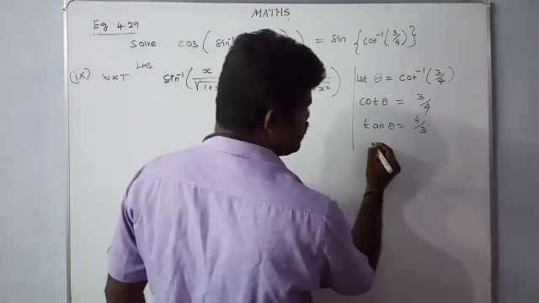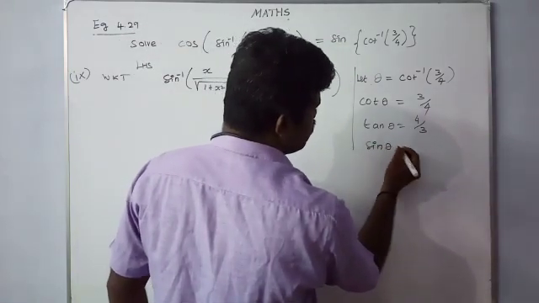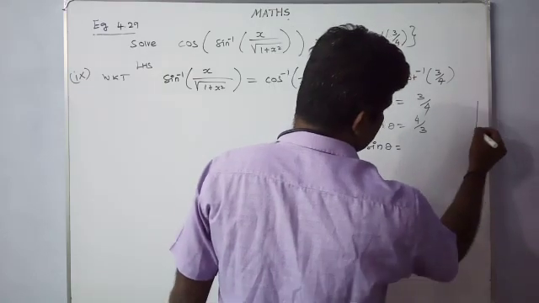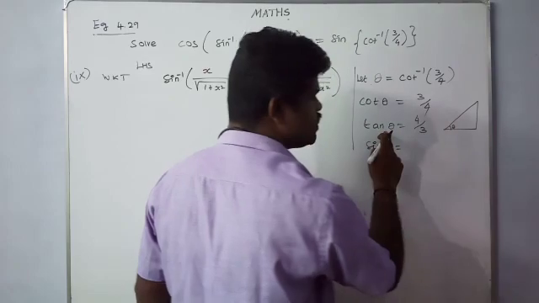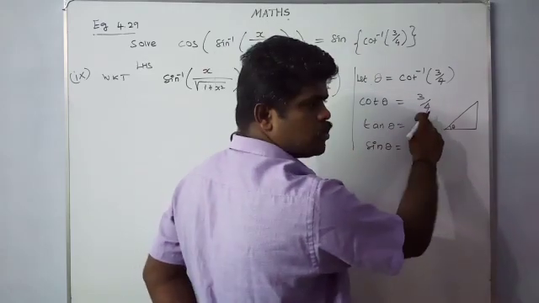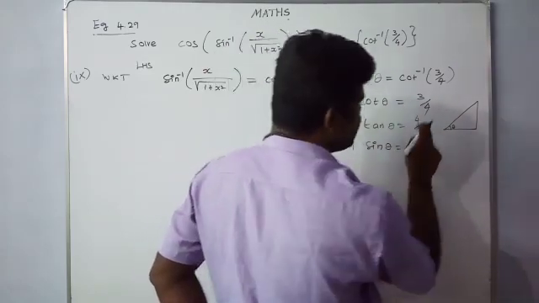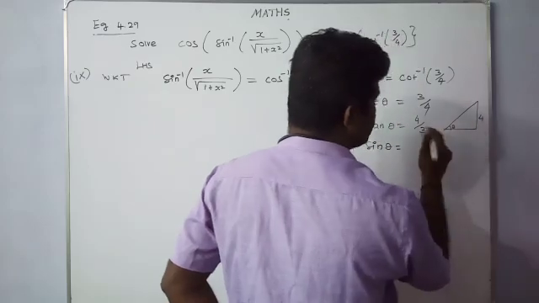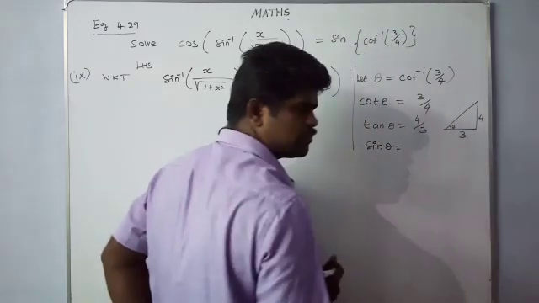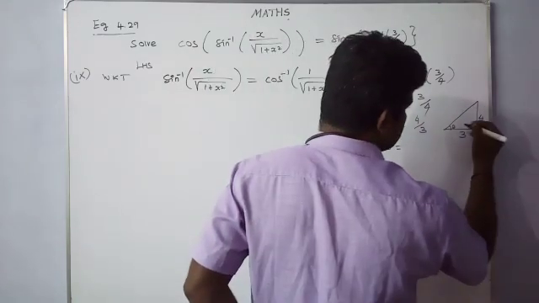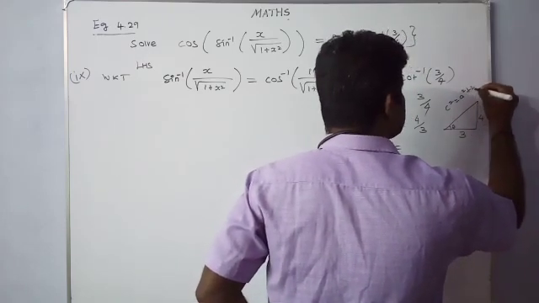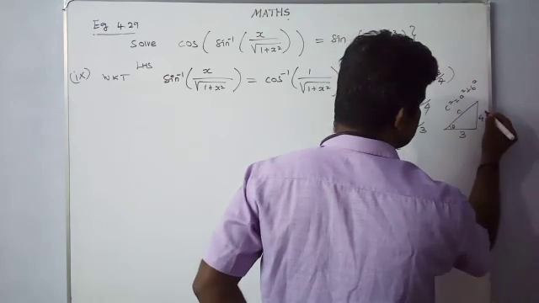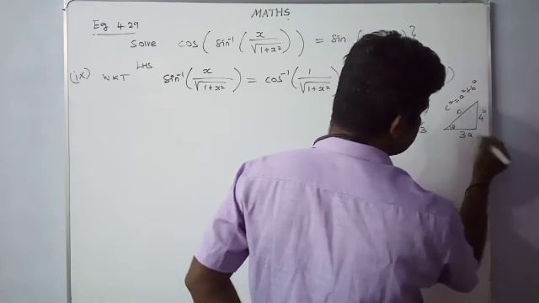And the value of sin theta, we want to find. This is theta. Tan theta value is opposite side by adjacent side. Opposite side is 4 and adjacent side is 3 here. And this is the Pythagoras theorem. So c squared is equal to a squared plus b squared. This is side c, this side can be written as b, this is a.